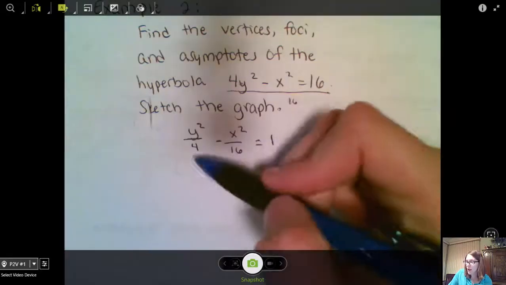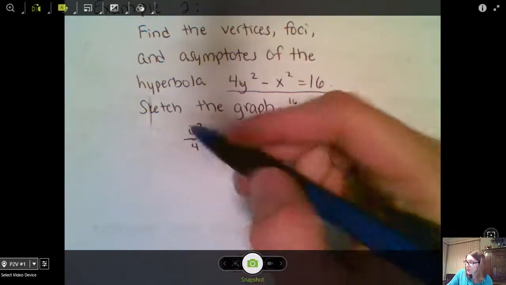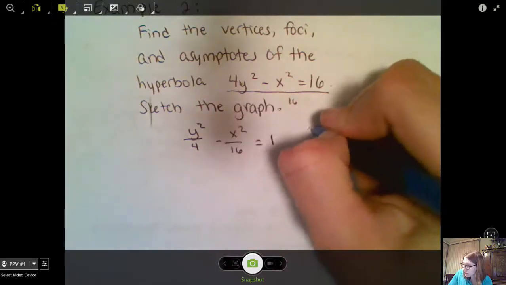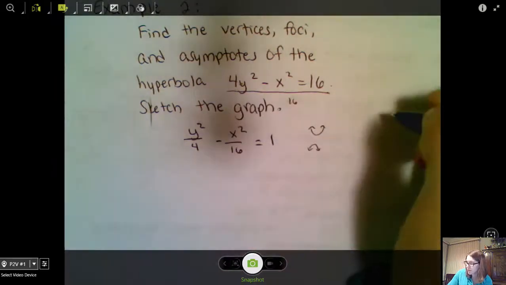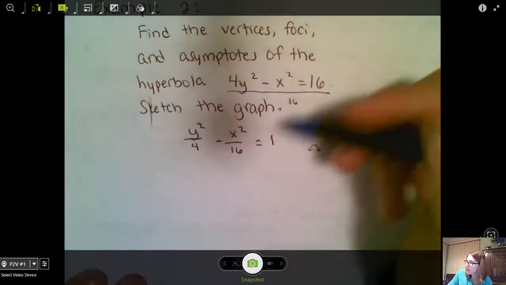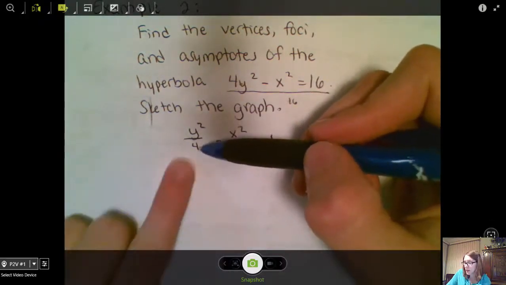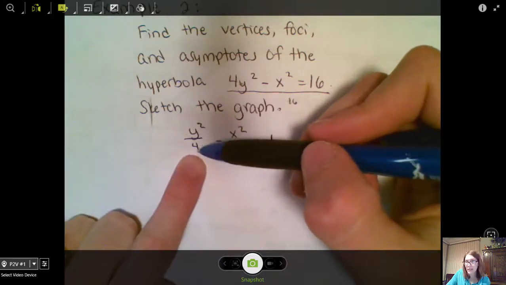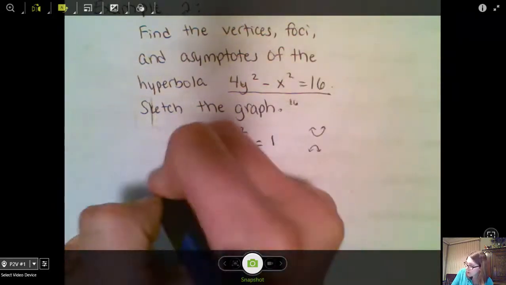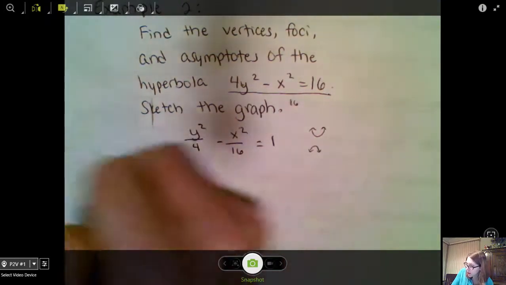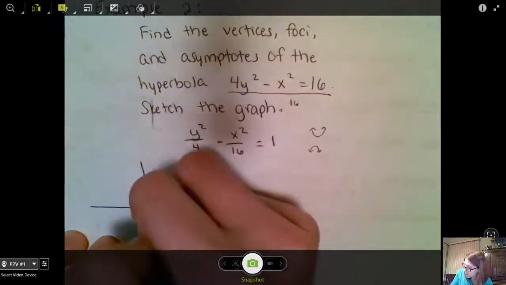Now, since my y squared comes first, that's telling me that my hyperbola is vertical. And also that my vertices are going to be at 0, plus or minus 2, because that's the square root of this. Let's start off with our sketch, and we'll add in our information as we go.